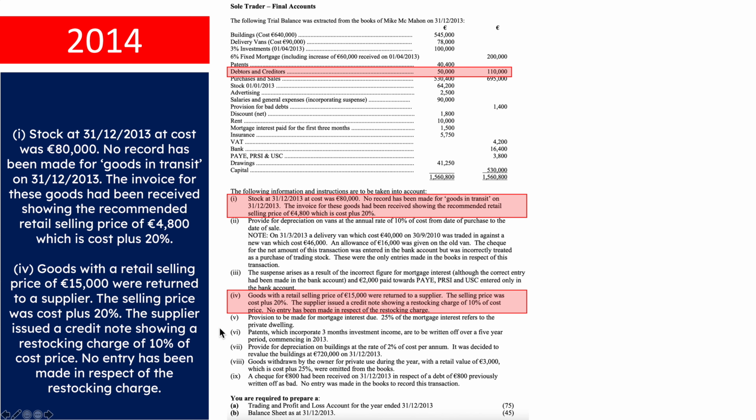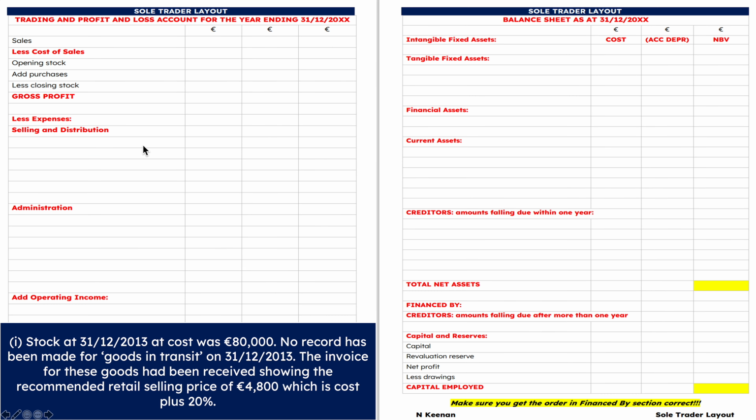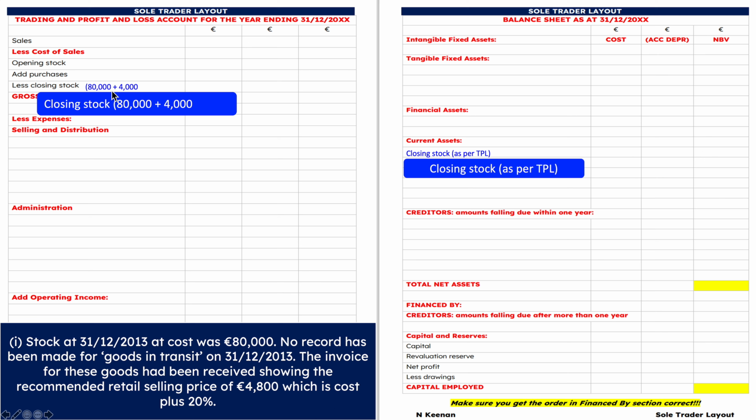Okay, so let's get started then. So we've got closing stock here, and we need to add the cost of the goods that were in transit. How do I get that €4,000 here? Well, the invoice that I received from the creditor showed a recommended retail selling price of 4,800, which is cost plus 20%. So if you put 4,800 into your calculator, divide it by 120, multiply it by 100, you're going to get €4,000 there.